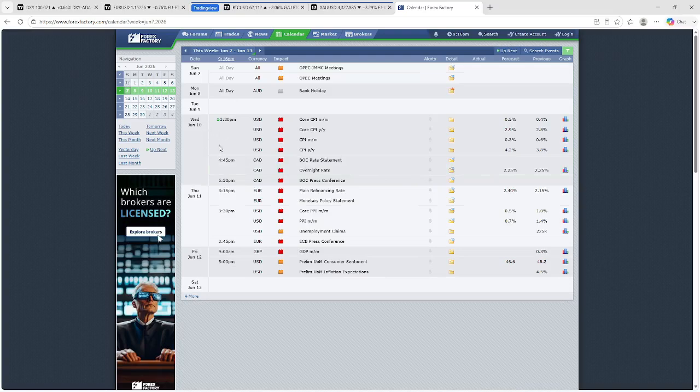Yes, you can see that on Wednesday we have very important news. Consumer price index. These are the inflation news, and you can see that the inflation is rising. You can see that the yearly CPI, the current yearly CPI is around 3.8, and it has been forecasted to increase by around 0.4%, which is very high.